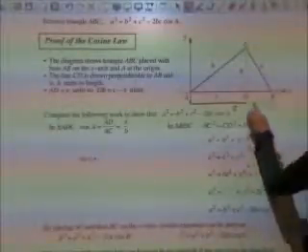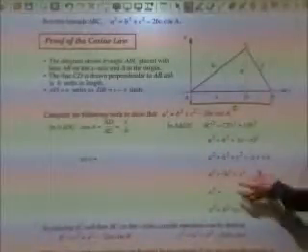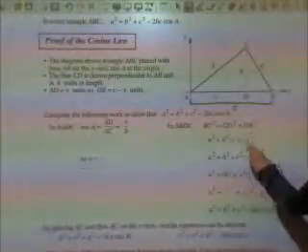And then if I substitute in the letters, BC is side a, CD is side h, and DB is c minus x. When I go to expand this out, (c minus x) squared, when I FOIL it, I get c squared minus 2cx plus x squared. Because remember, it's c minus x times c minus x.